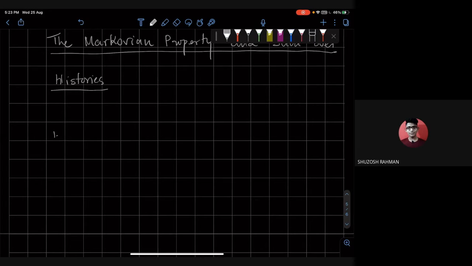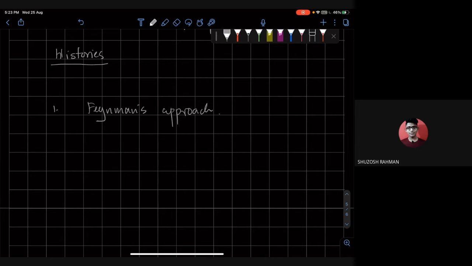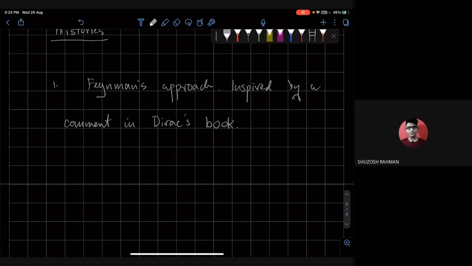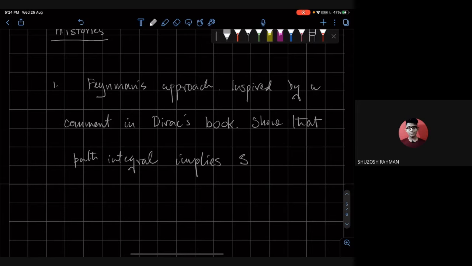One is Feynman's approach, in which Feynman was inspired by a comment in Dirac's book, and then once we write down the Feynman approach, you can show that the path integral implies the Schrodinger equation. Okay, so that's one way of looking at it.